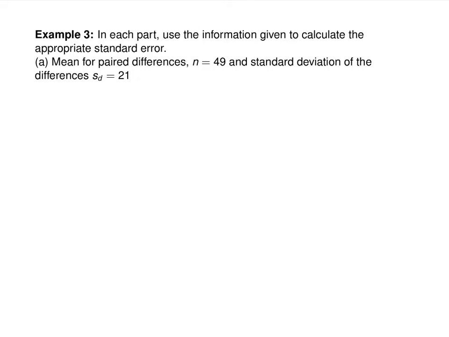Okay. In each part, use the information given to calculate the appropriate standard error. So this is paired differences. We're given a single n and the sample standard deviation. So what we're looking for here is the standard error of d bar, which is SD over root n.